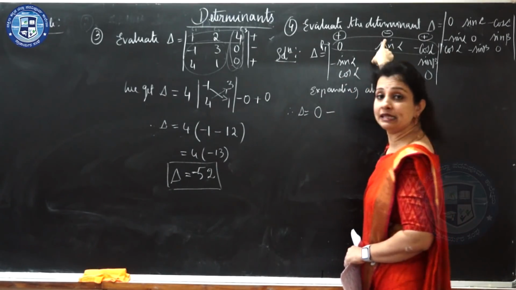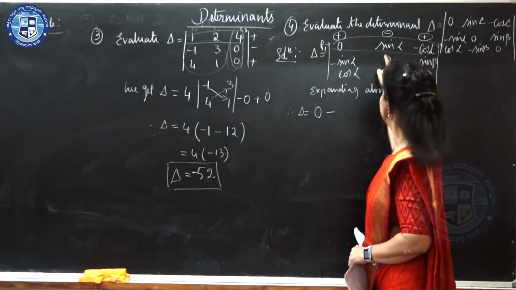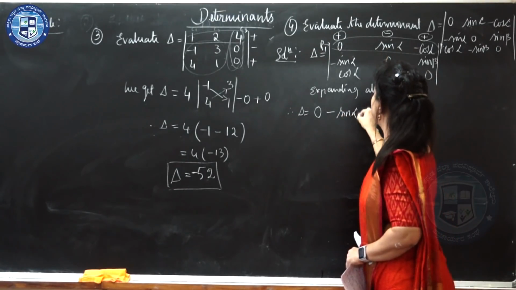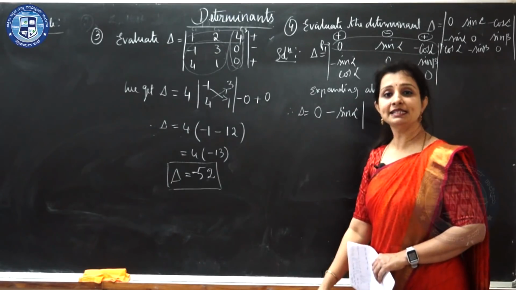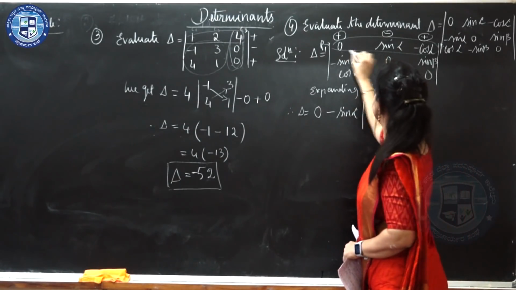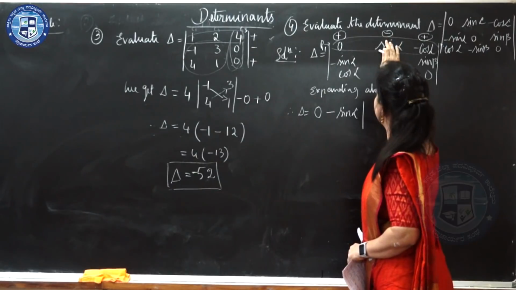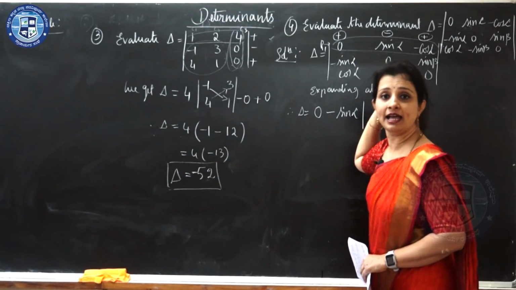Minus, the sign is minus, the element is sin alpha, minus sin alpha into determinant of, delete the row and column where sin alpha lies.